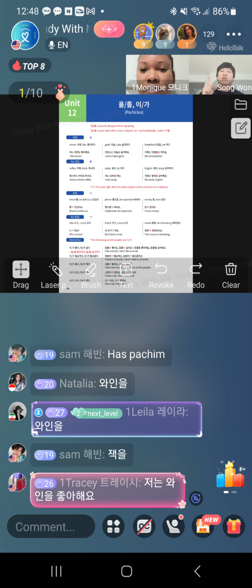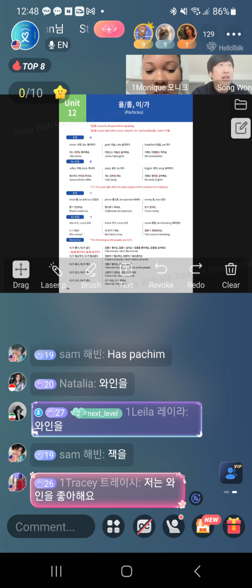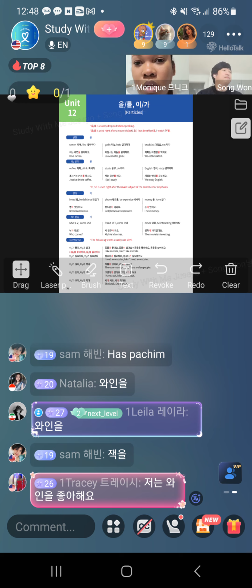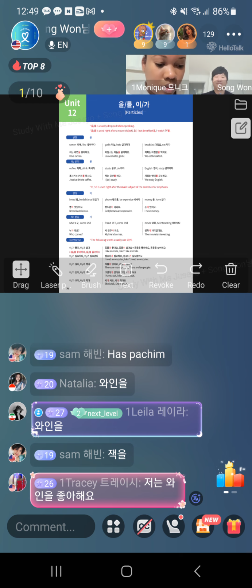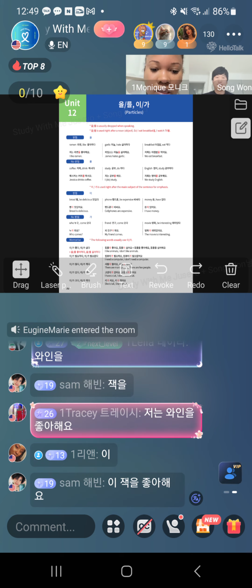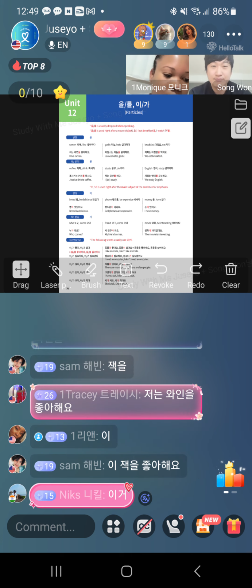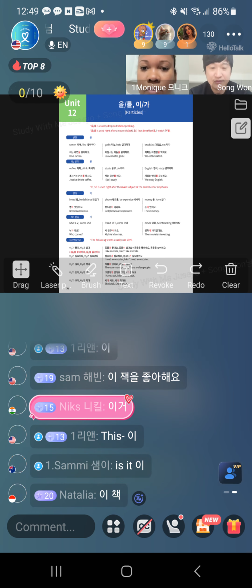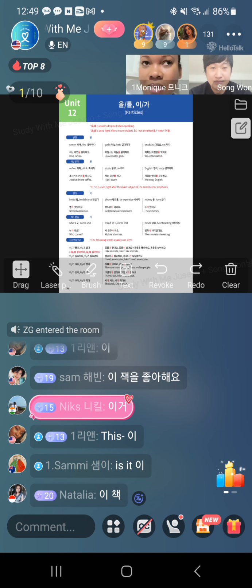Okay. Let me add one little thing. How do you say I like this book? It's not I like books. I like this book. Is it chogi? This is 이. 이 is this. So I like this book.